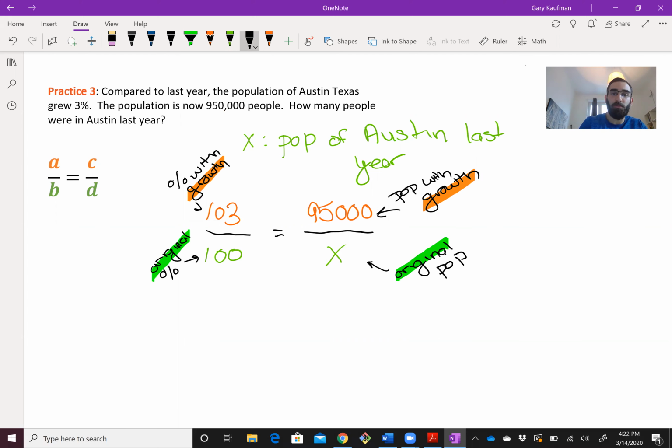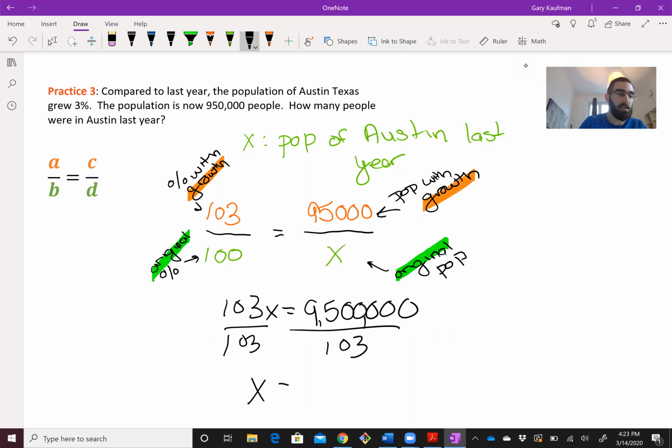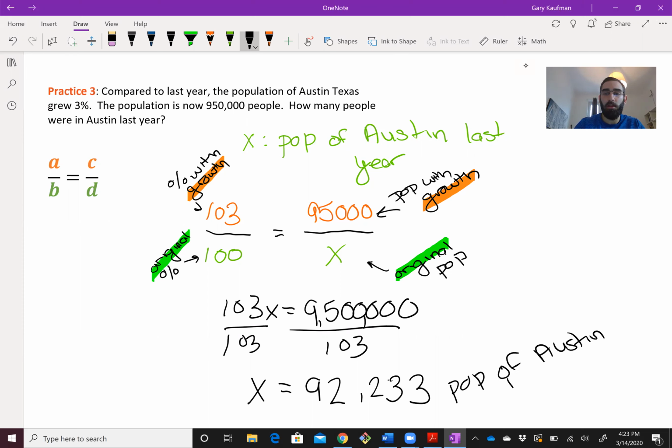So let's now do cross multiplication and get 103x equals 9.5 million, divide by 103. Now we have people, so we shouldn't have decimals. Population of Austin last year.